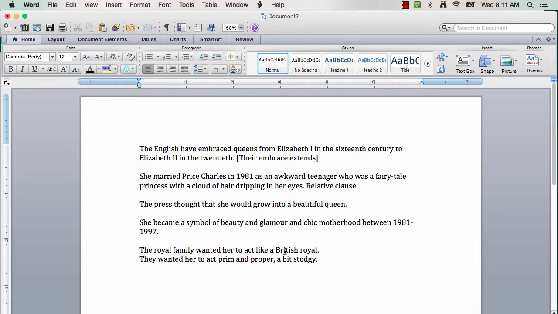I think the easiest way is to create an appositive. And appositives always take commas, and we've got British Royal, and we're restating what a British Royal is: prim and proper, a bit stodgy. Notice how I'm also using other constructions that we have done. You can also combine these sentences that I'm showing you in lots of different ways.